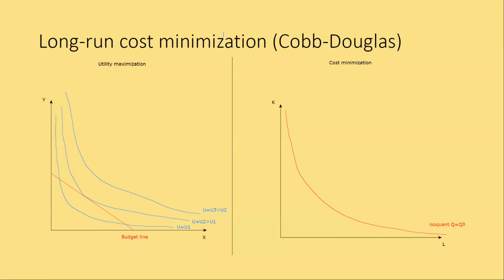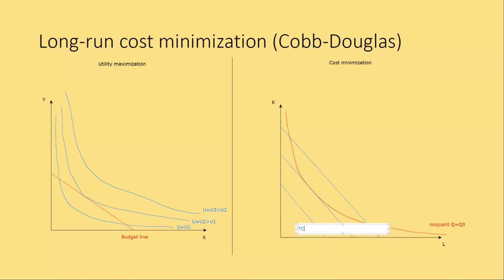And we have a whole bunch of isocost lines that we can draw for some given ratio of the wage rate and the prices. So the blue ones are the isocost lines.